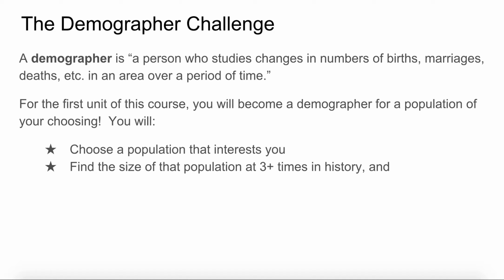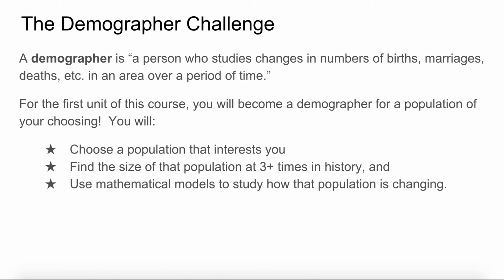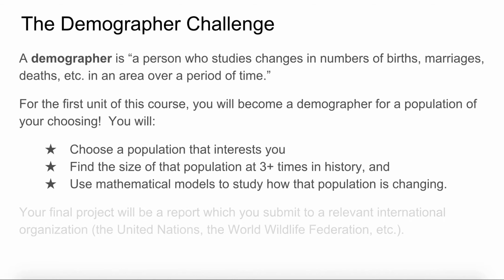Find the size of that population at 3 or more times in history, right? Maybe for Manhattan, that's 1800, 1900, and 2000. And then use mathematical models to study how that population is changing. And actually, as we continue through this challenge, you're going to learn mathematical models that are going to help you make predictions and describe changes.